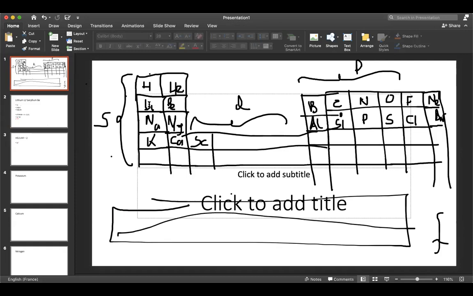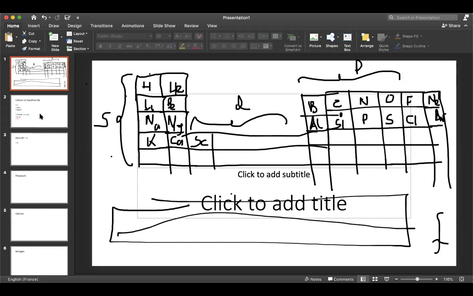For us to get to lithium, we're supposed to pass through hydrogen and helium, then lithium, like steps, like you're moving from one place to the other. And group 1 and group 2 we are calling the S block.